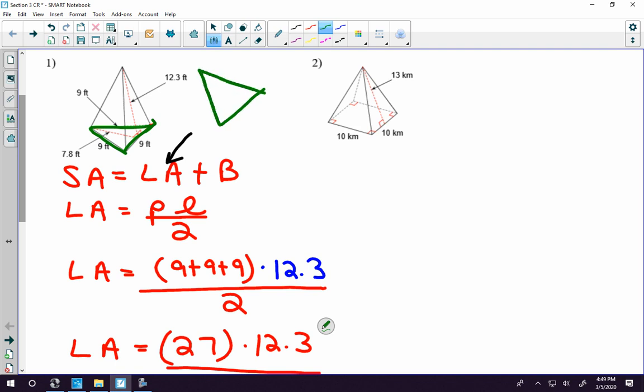So we need to take big B, the area of the base. We draw this triangle. We know this dimension is 9, but what is the altitude, or the height, of this triangle? This altitude is always perpendicular to the base, so that's 7.8 feet.